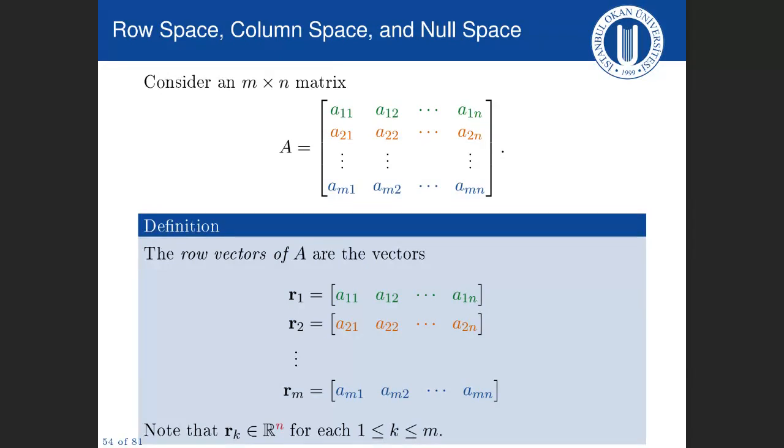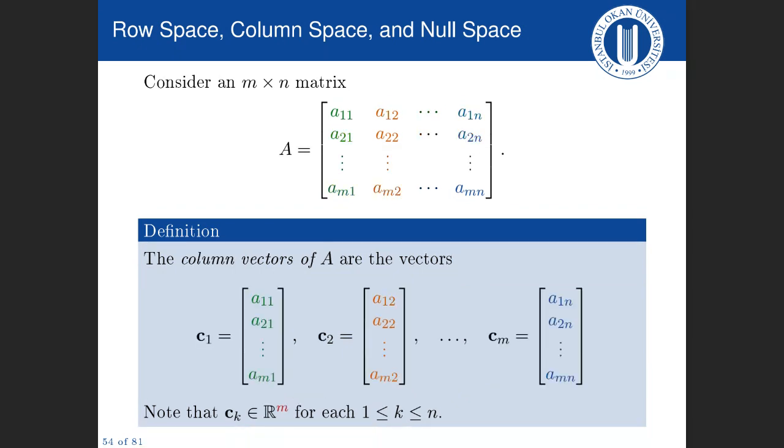The entries in the first row of A, if we write this as a row vector, we call this r1. If we take the entries in the second row of A and write in a row vector, we call that r2, and so on. These are called the row vectors of A. Now note that each row vector is in Rn for an m by n matrix. And note that there are m row vectors because A has m rows.